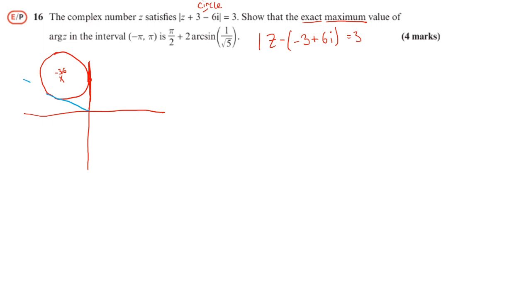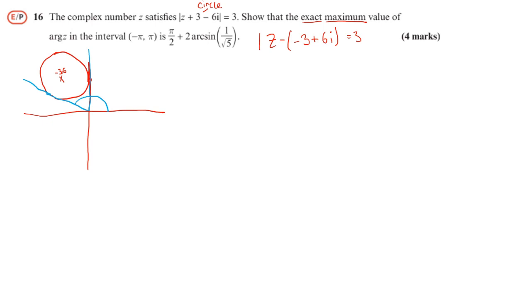There you go. You might notice that that's a tangent, and there's also going to be a tangent that runs down here. So our arg at the maximum is going to be the angle from this line all the way round to this line. But we already know that here it's 90 degrees, because our tangent is on the y-axis.